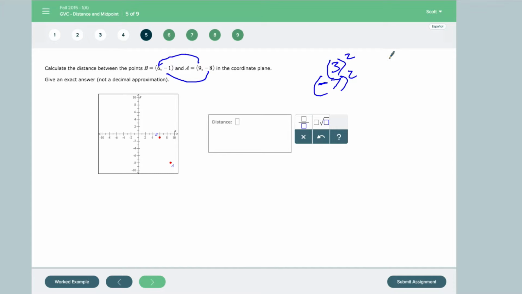So what's 3 squared? 3 squared is 9, plus what's negative 7 squared? Negative 7 times negative 7 is 49, and that gives us 58. So the answer is the square root of 58. So just remember, x minus x, y minus y, square them and add them together.